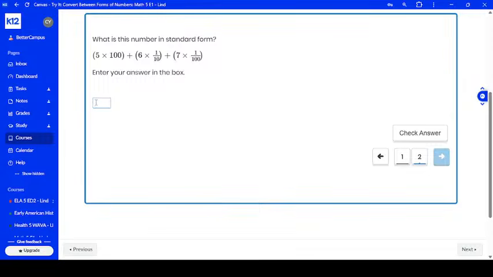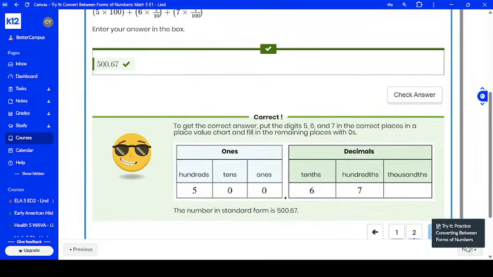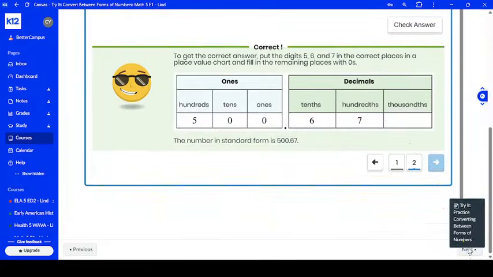Wait. 500. And... Are you serious? 67 hundredths. I'm gonna disappear that. Nuh-uh.